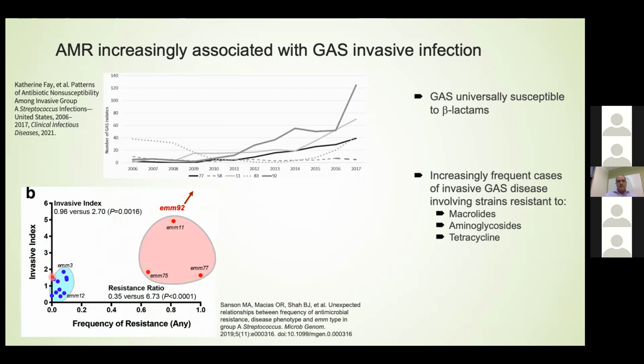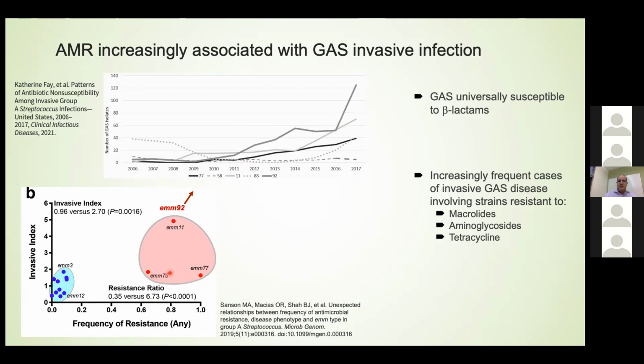So what this figure from our publication shows is that on the y-axis, you have an invasive index, which is simply a measure of invasiveness, consisting of the proportion of invasive isolates versus non-invasive isolates of each distinct serotype that we examined. And then on the x-axis, you have the frequency of antimicrobial resistance identified in those isolates. And what we see is that just like the CDC data, we have a subset of serotypes that are highly invasive and highly resistant.